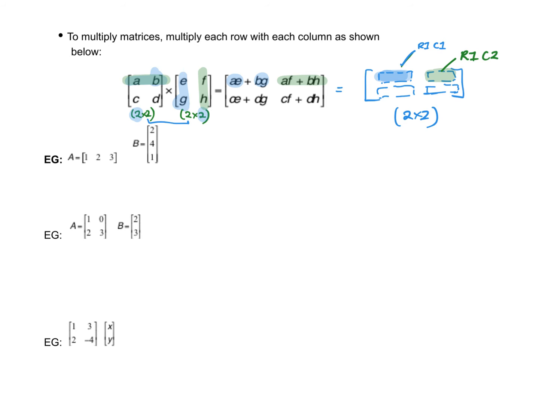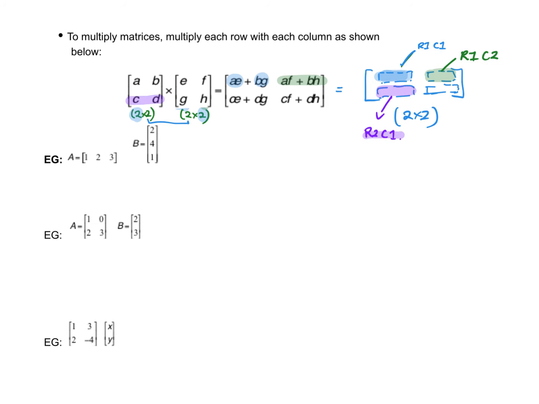If I looked at this cell here, this one is row 2, column 1.